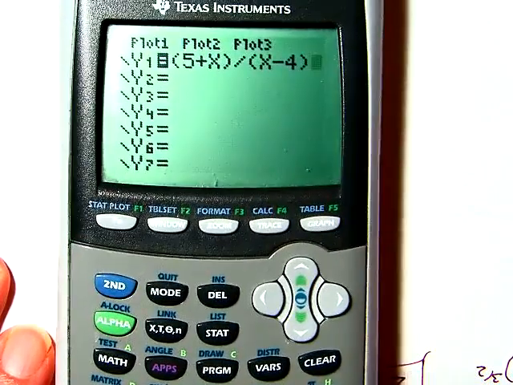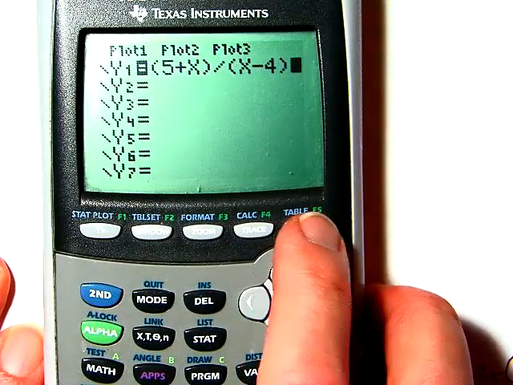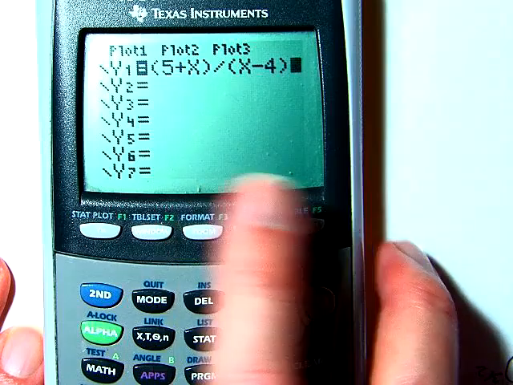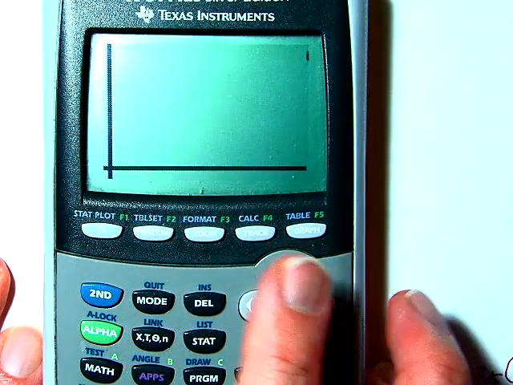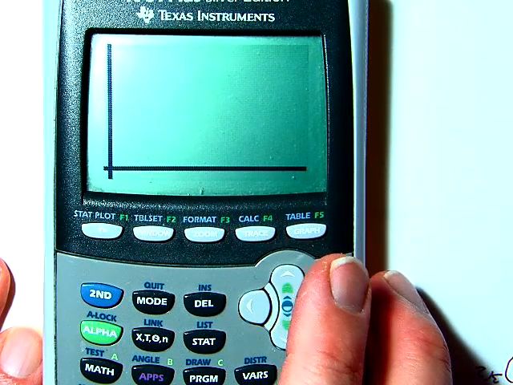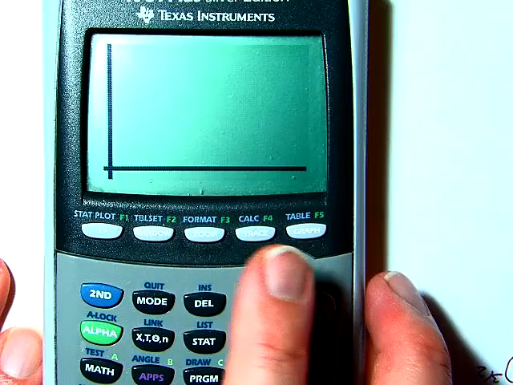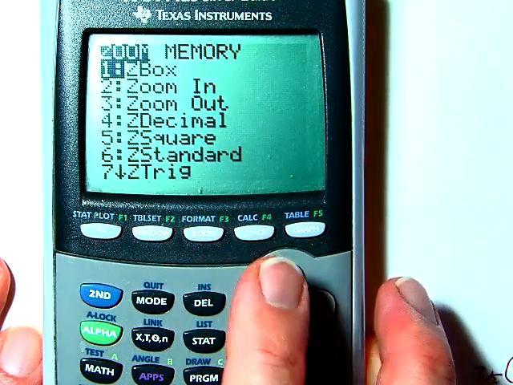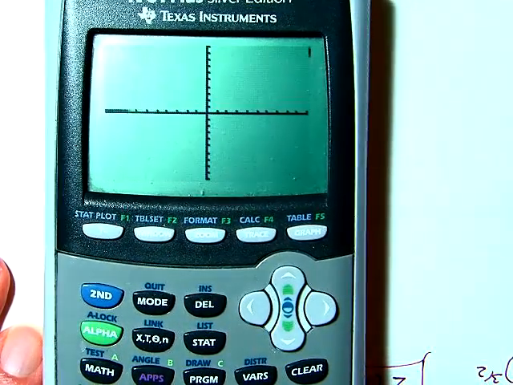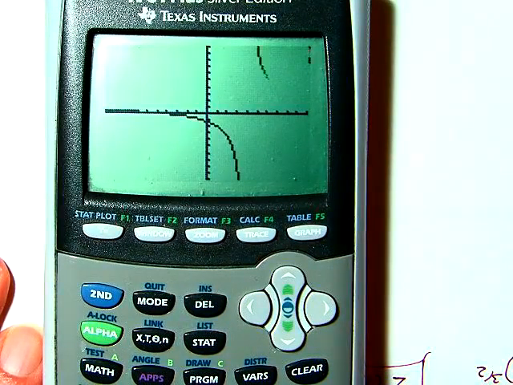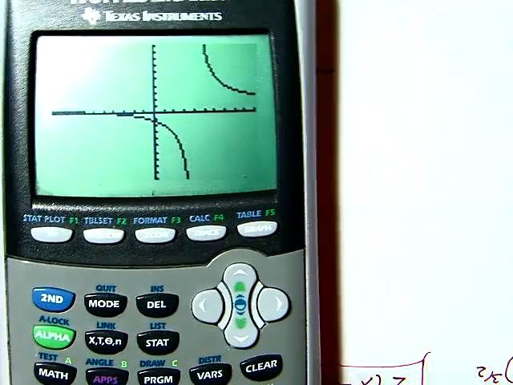So I've got that set up. Now I just want to graph it, but I may also want to zoom it because I don't think my graph zoom is set up properly. Let's zoom it to standard and let's see what that does for us. Okay, well that gives us a better view, right?